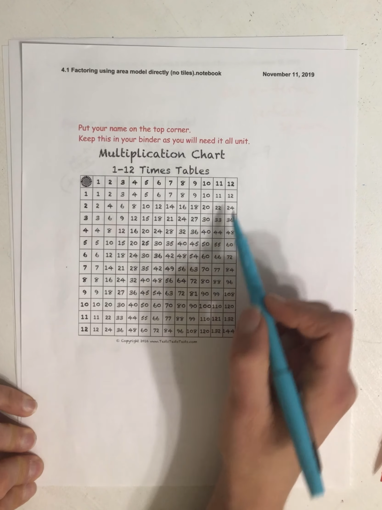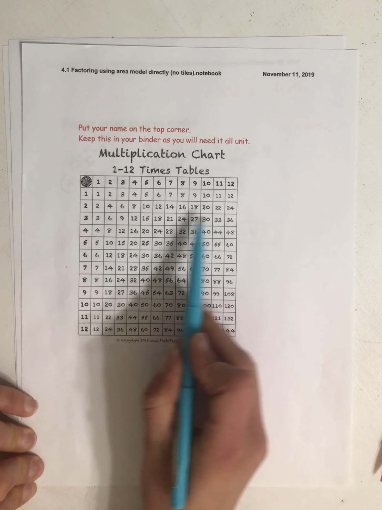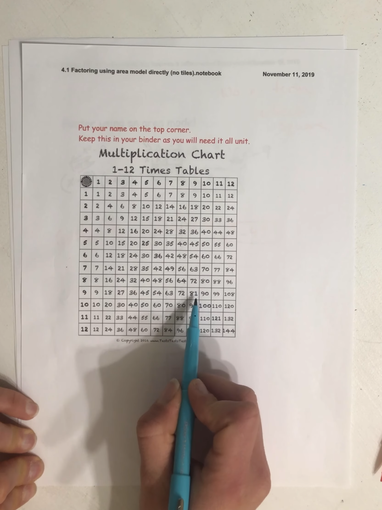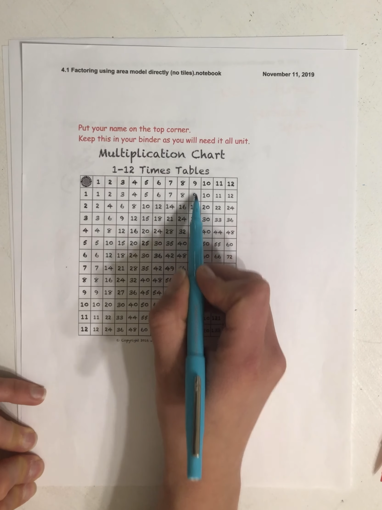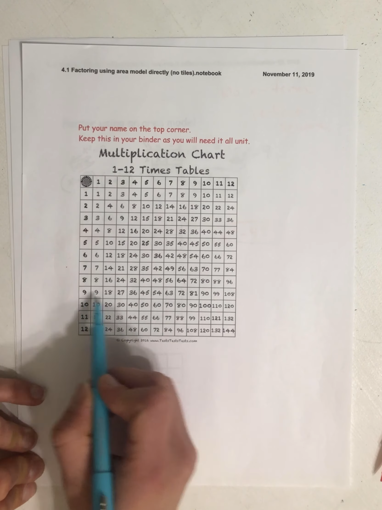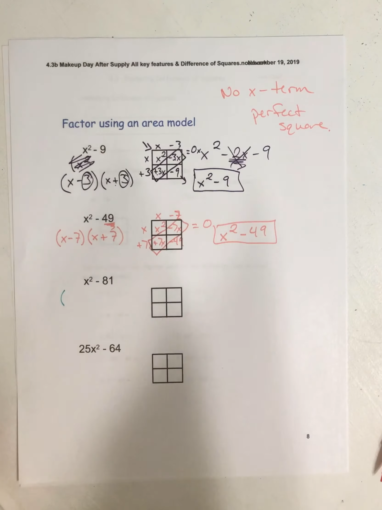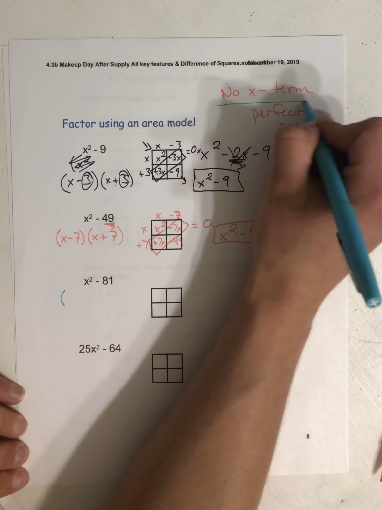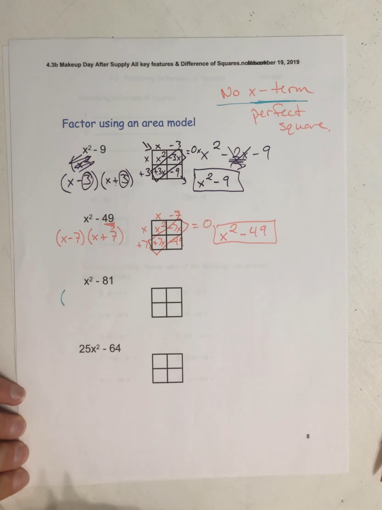Where can we find 81 on here? If we go through, we find 81 here. So 81, we look up, there's a 9. We look over, there's a 9. So that is a perfect square. We can tell it's a perfect square because again, there's no x term.